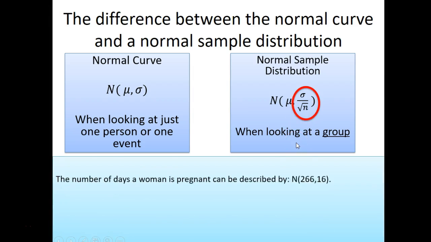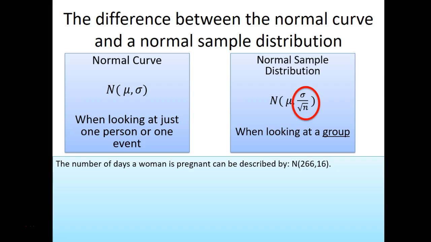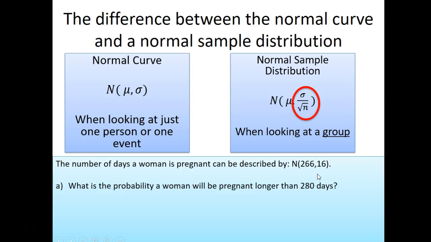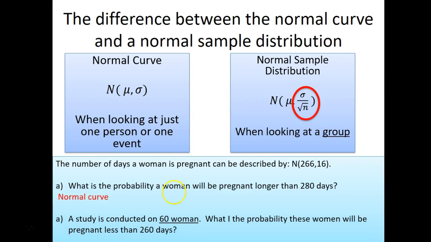So if we look at an example, the number of days a woman is pregnant can be described by this distribution right here. And I ask you, what is the probability a woman will be pregnant longer than 280 days? Here I'm asking about a single person, so I'm going to be using a normal curve. Now say I ask this question: a study is conducted on 60 women.